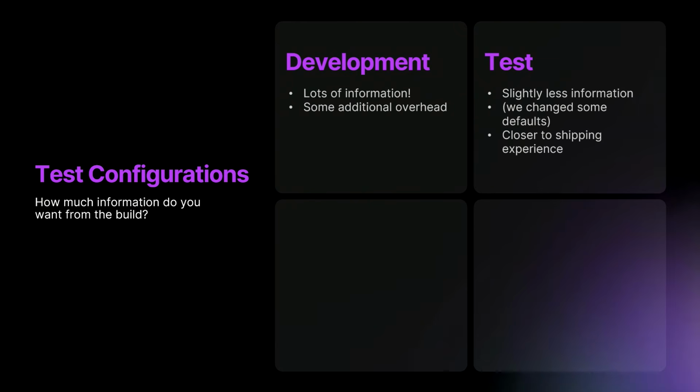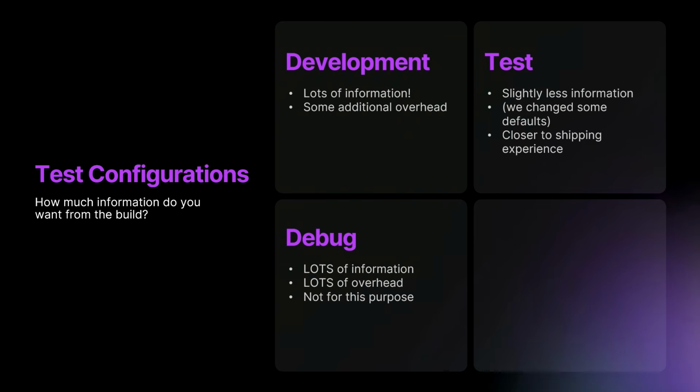And then test configurations. This thing, usually as a tech artist, I don't expect you to have to interact with this all that much, because usually we're doing development, right? We're going to get a lot of information with some additional overhead. Or we're going to do the test configuration, which gives us slightly less information in exchange for less overhead. It's going to be closer to the shipping experience.